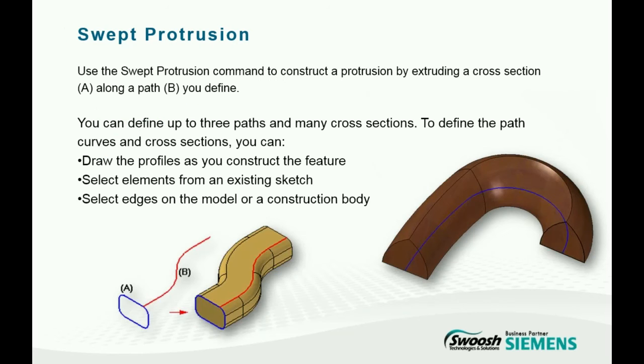So Swept Protrusion, this feature has been for quite some time inside of Solid Edge, and people are probably familiar with that feature, but sometimes it's underutilized. The distinctive characteristic of this feature is the situation when you have guidelines as well as section curves, because this feature requires a guide curve.